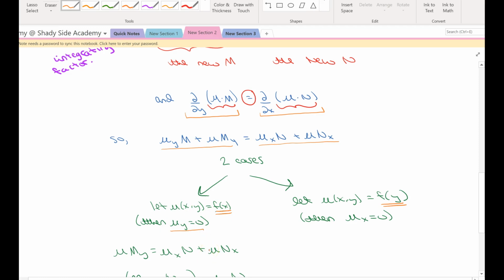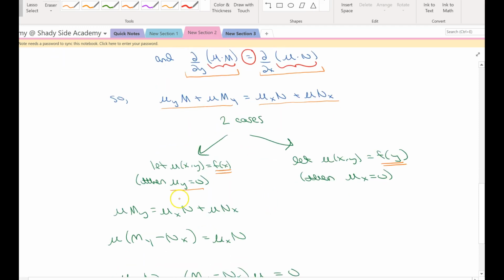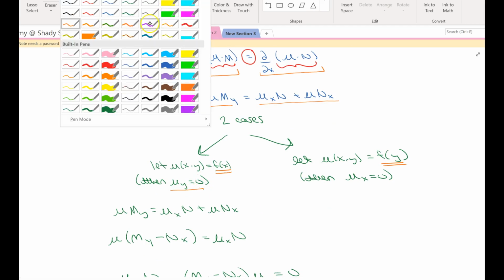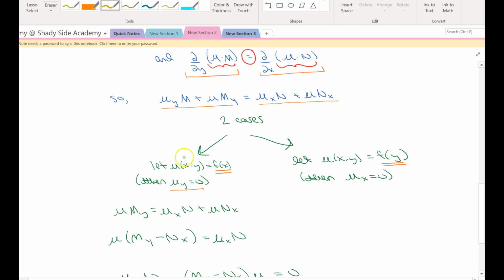Okay, so then this blue equation simplifies, because if mu sub y equals 0, you know what zeroes out? If mu sub y equals 0, then look, this term zeroes out, right? I'm going to erase that because I want to go back to that in a minute.